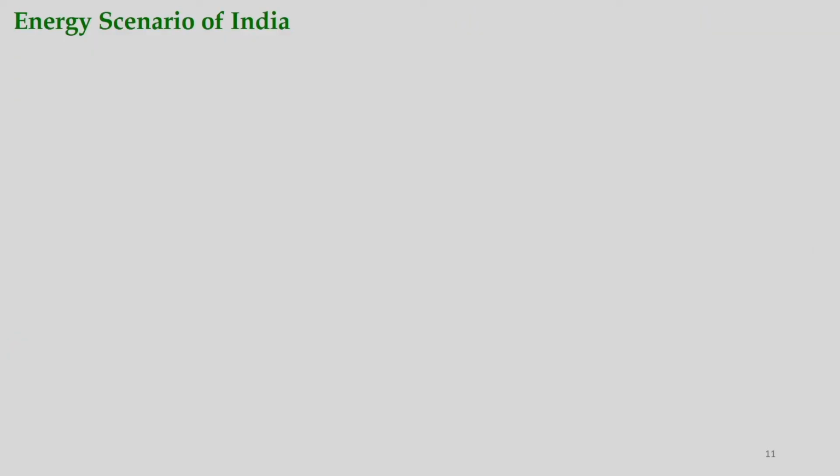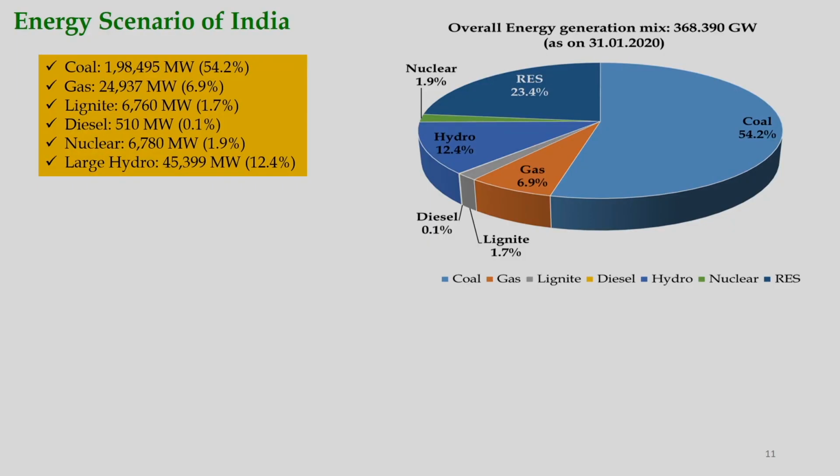Now, let us pay attention to the energy scenario in India. As you can see, the share of renewable energy and other sources is in this pie diagram. The share of renewable energy is about 23.4%, nuclear is 1.9%, hydro is 12.4%, diesel is about 0.1%, lignite coal contribution is about 1.7, gas is 6.9, and the major contribution is coal, which is about 54.2%.